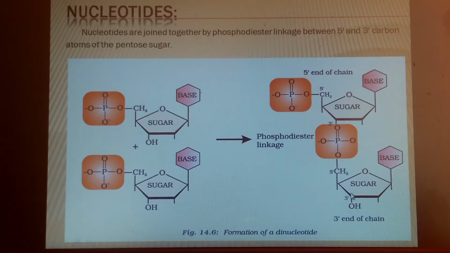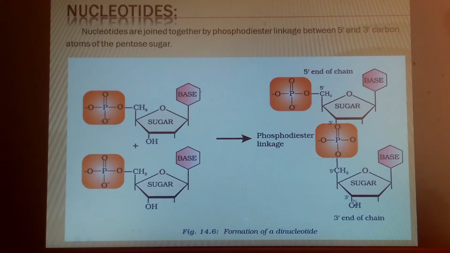Likewise the chain is going to continue. Here the third carbon is there, and the phosphate group of another nucleotide is going to bond. Likewise here the fifth carbon's phosphate group is free. This phosphate group will be attached, forming a bond with the third carbon of another nucleotide molecule. So likewise the chain is going to increase.